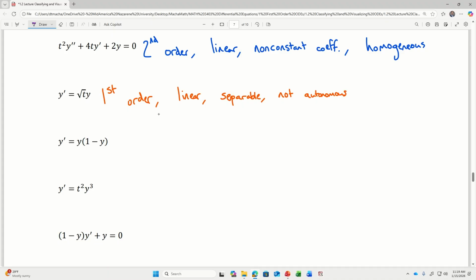Okay, y prime equals y times 1 minus y. Is that first order or second order? First. Is it linear or nonlinear? What did you say? Not linear. Squared.